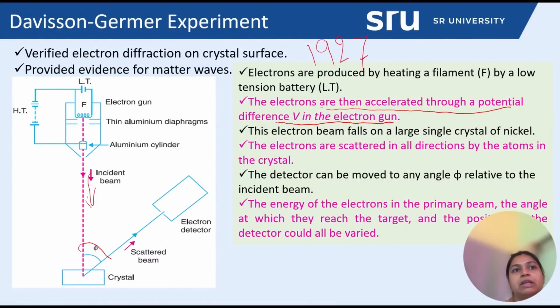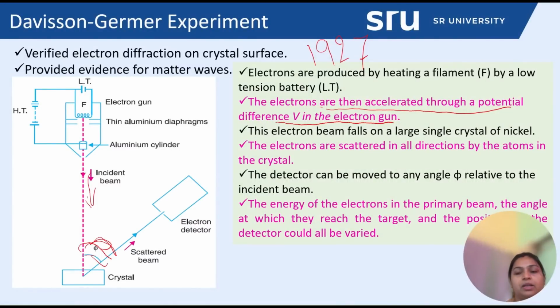In the experimental procedure, the accelerating potential V is given at a very low value, and the beam of electrons falls normally on the surface of the crystal. Third, the detector is moved to various positions, and the angle can vary.